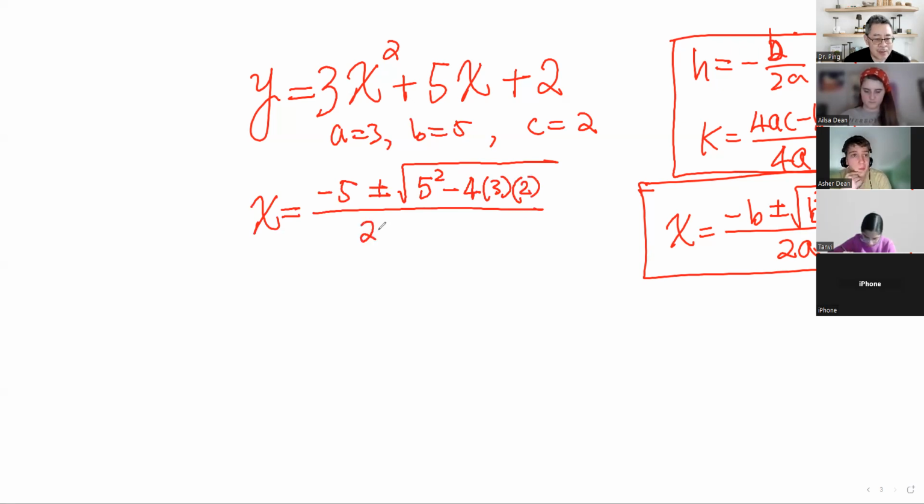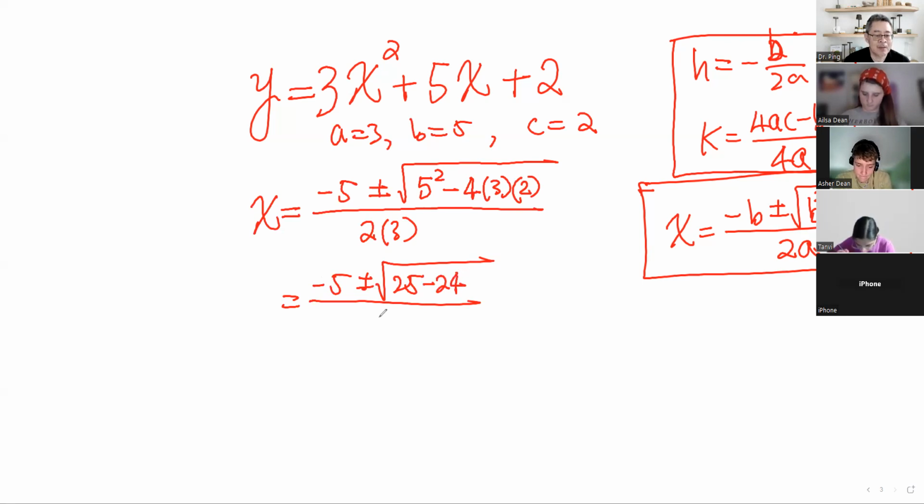Then over 2a, which is 6. So we got negative 5 plus minus the square root of 25 minus 24. So it's negative 5 plus minus the square root of 1. And we know the square root of 1 is just 1. So we got minus 5 plus minus 1 over 6.